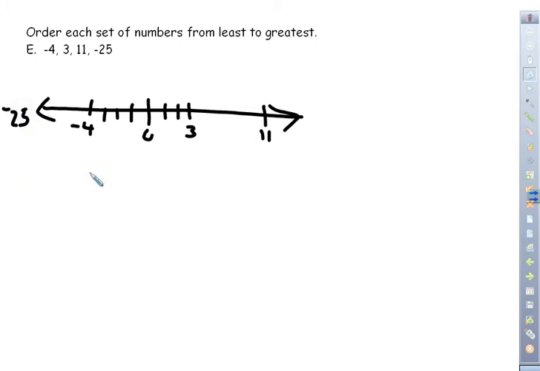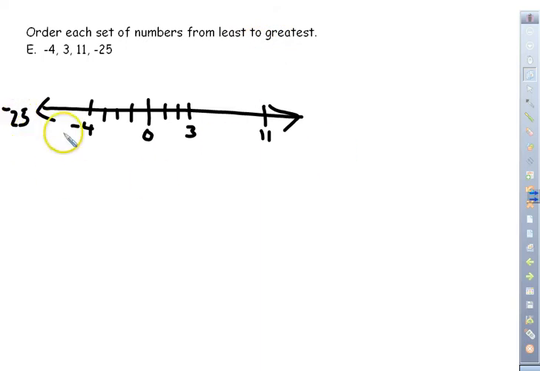I know that these are not always equal to that distance. We're just guesstimating. What you have to think about is working from left to right. We are talking least to greatest, so it's going to go from the smallest number to the greatest number.